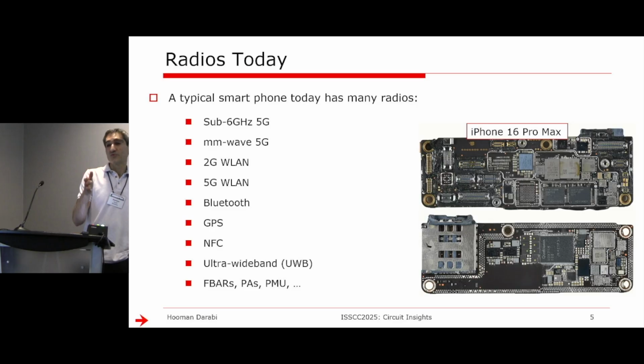You have your 2 gig or 5 gig wireless LAN radios if you're web browsing, on Wi-Fi, connected to the internet, watching a video. Bluetooth if you're connected to your headset. There's GPS if you're using it for navigation, if you're visiting a new city. NFC stands for near field communication. It's what you use with Apple Pay or Google Pay. Then there's ultra wideband, and so many other auxiliary circuits associated with it.